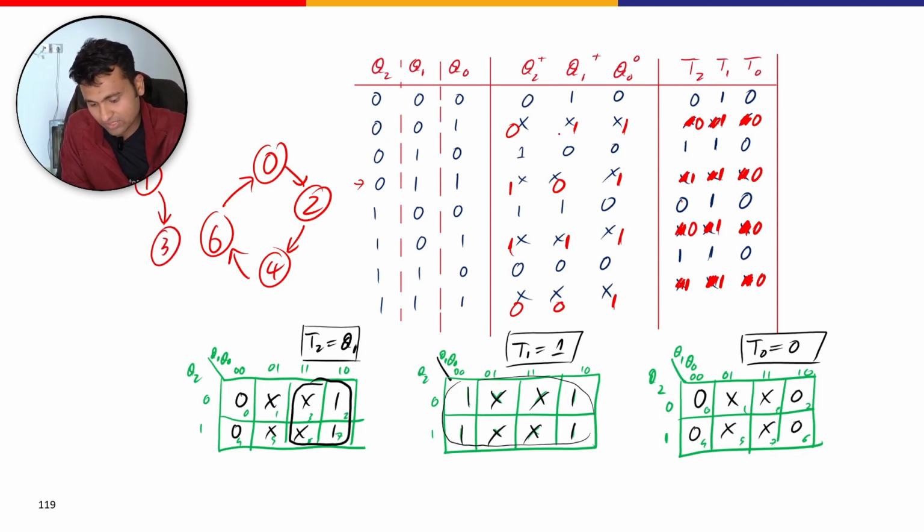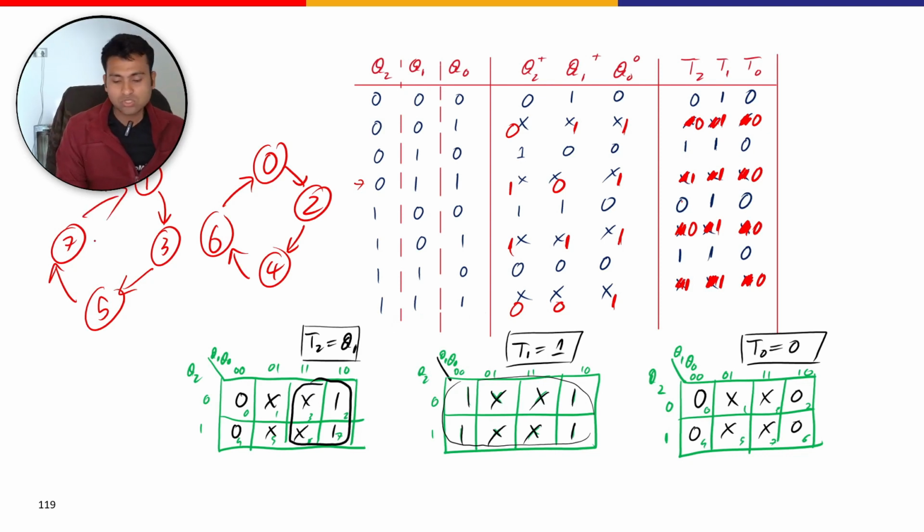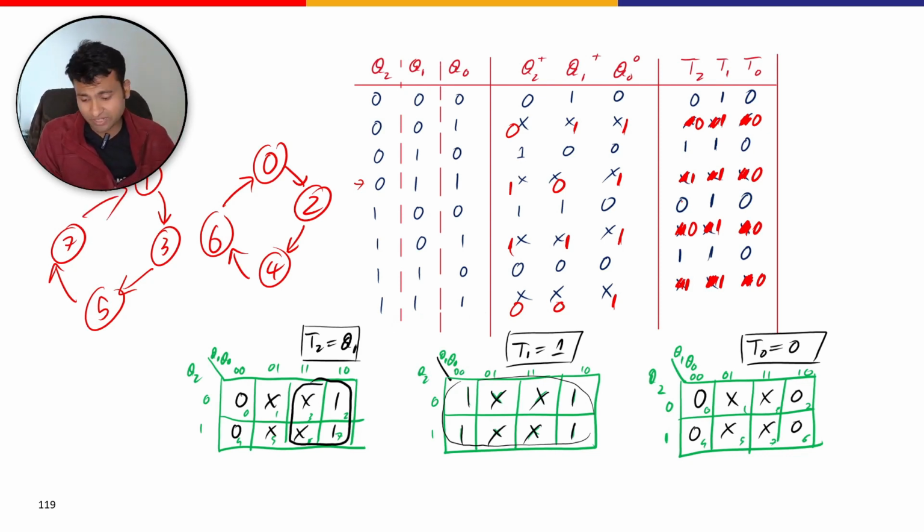From this you can see that if I'm in state 3, the next state would be state 5, 101. And if I'm in state 101, the next state would be 7. And if I'm at 7, then the next state would be 1. So this is not self-correcting.